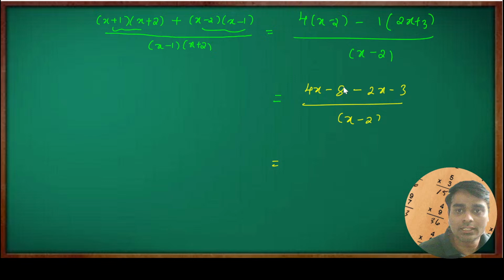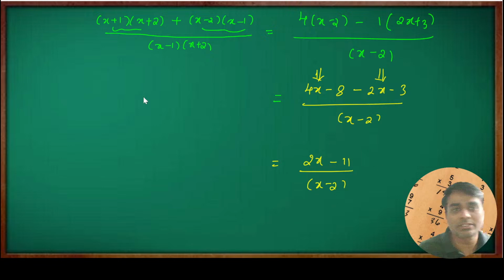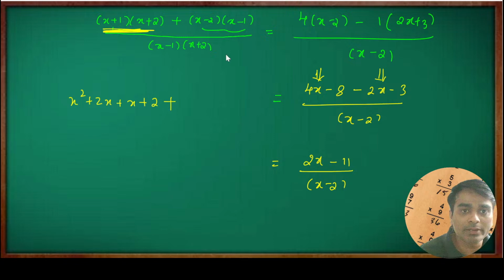Then I will get 4x minus 2x, which becomes 2x, then minus 8 minus 3 becomes minus 11, over x minus 2. So the right side I have this much. On the left side I will multiply these two brackets: x square plus 2x plus x plus 2, plus I will multiply these two brackets: x square minus x minus 2x plus 2.